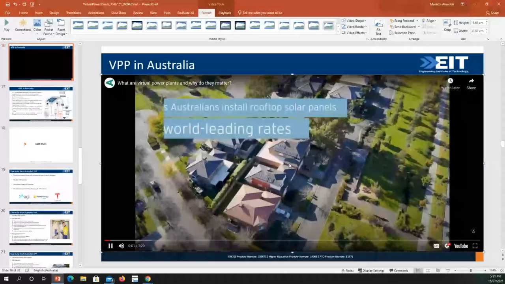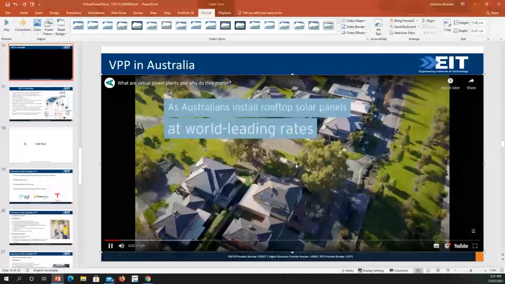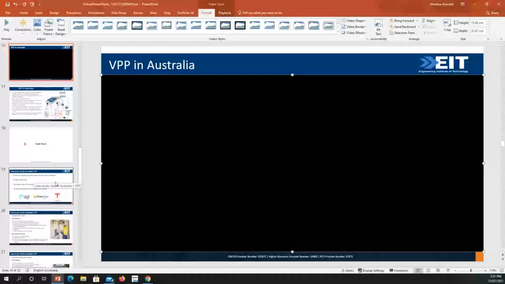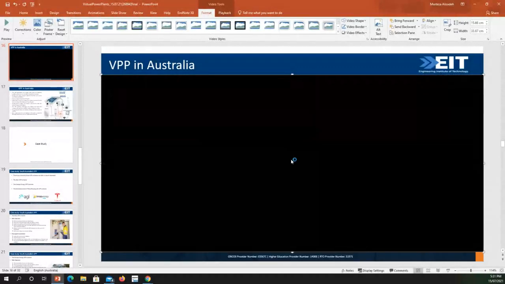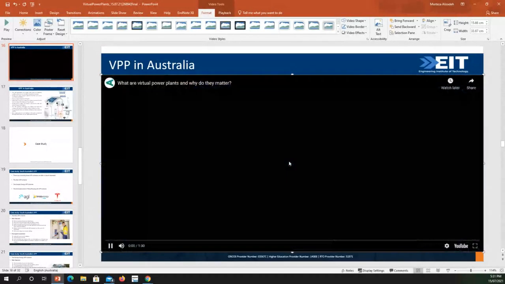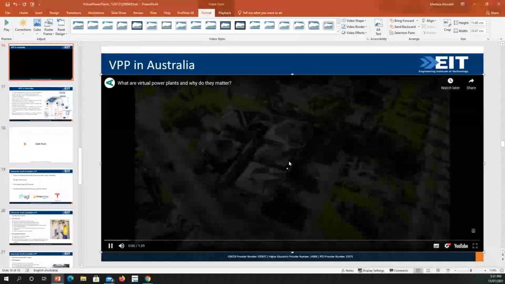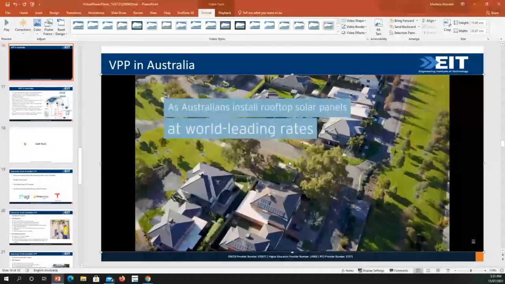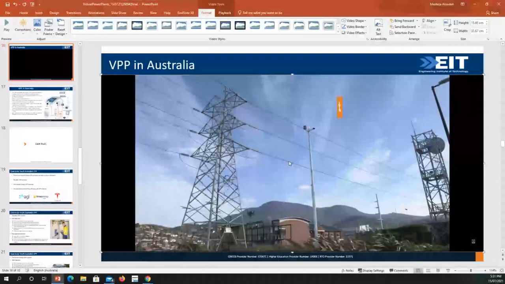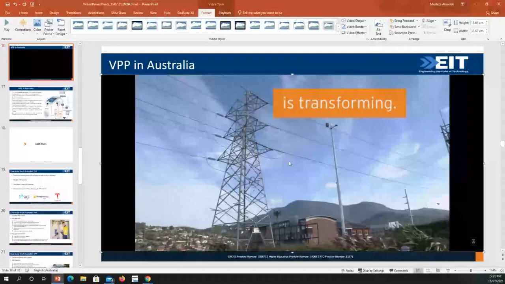As Australians install rooftop solar panels at world-leading rates, the electricity network is transforming.